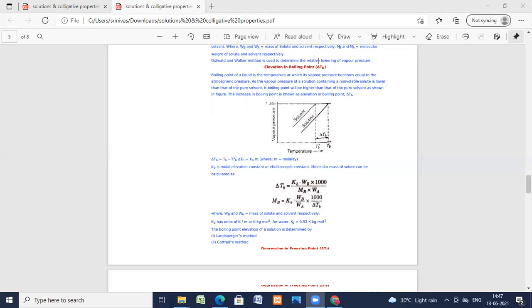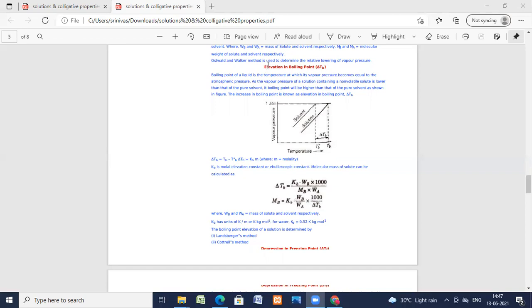So that is known as the boiling temperature for that particular liquid. And we have 100 degrees for water. So different liquids have different boiling temperatures.